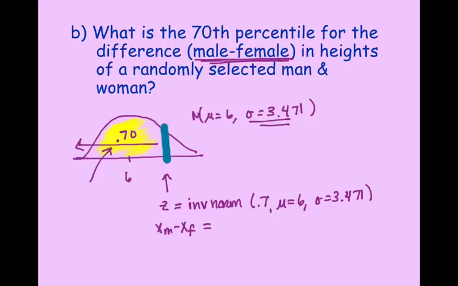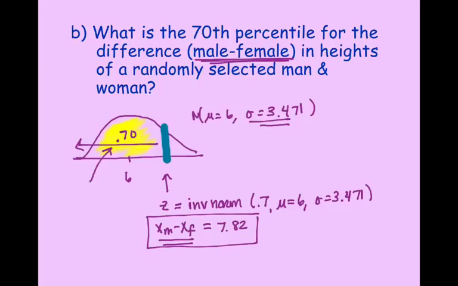This gives me the point on my curve. If it were a standard normal curve, it would be a z calculation. Because I have a curve centered at 6 with this standard deviation for the difference in heights, this represents a difference of heights of 7.82 inches.